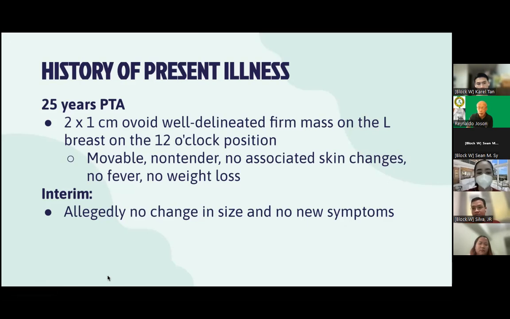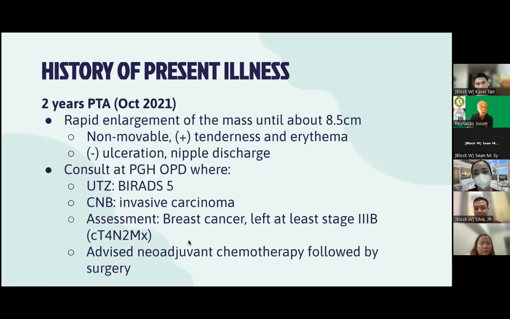Baka talagang meron na binaliwala rin niya kasi sabi niya, baka pareho lang yun sa dati. So when it grew to a size that is very significant already, yung 8.5 centimeters, nagpatingin na siya, di ba? Okay. So that's the first question.